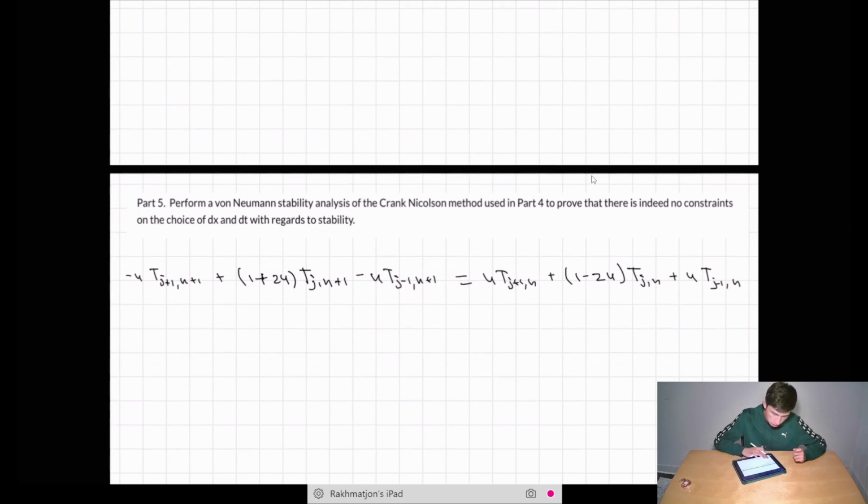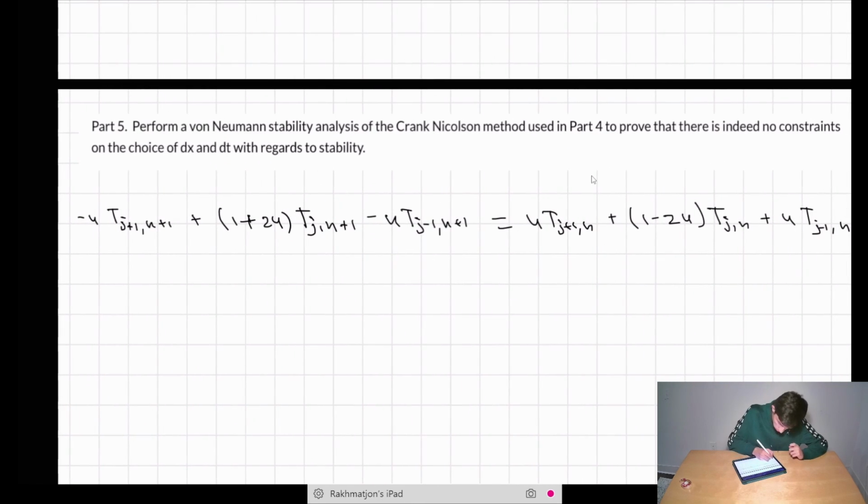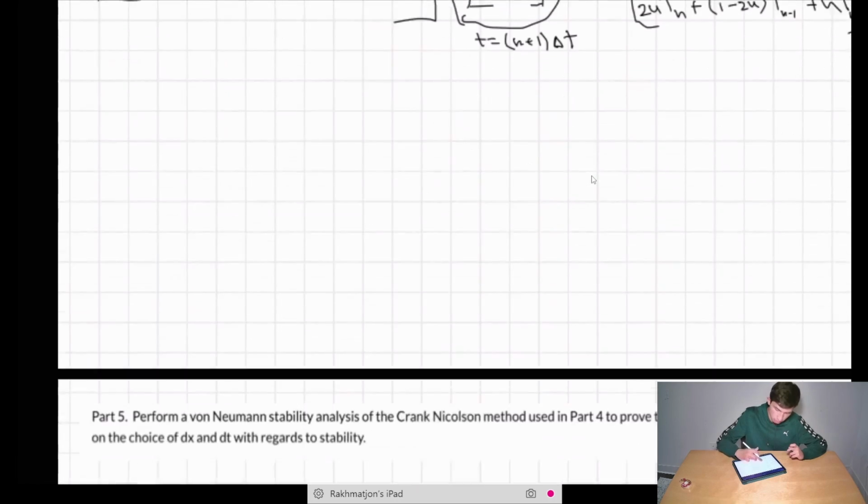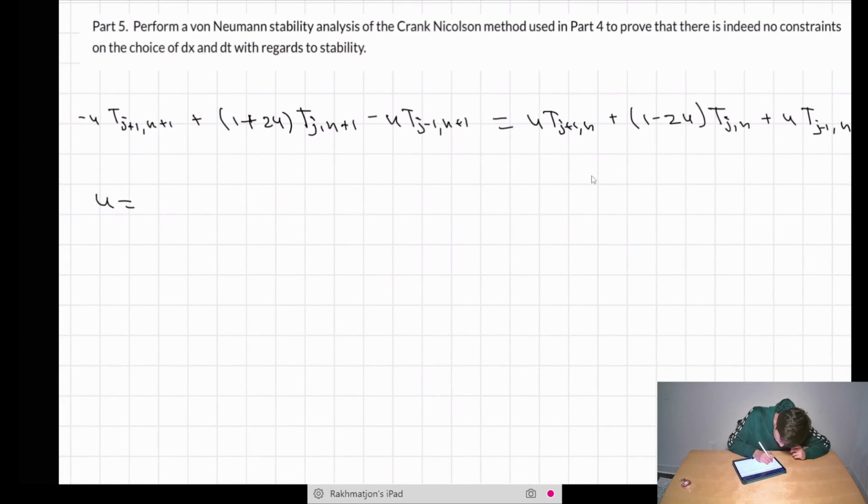I'm going to use this equation where our u was equal to alpha times delta t over 2 times delta x squared.